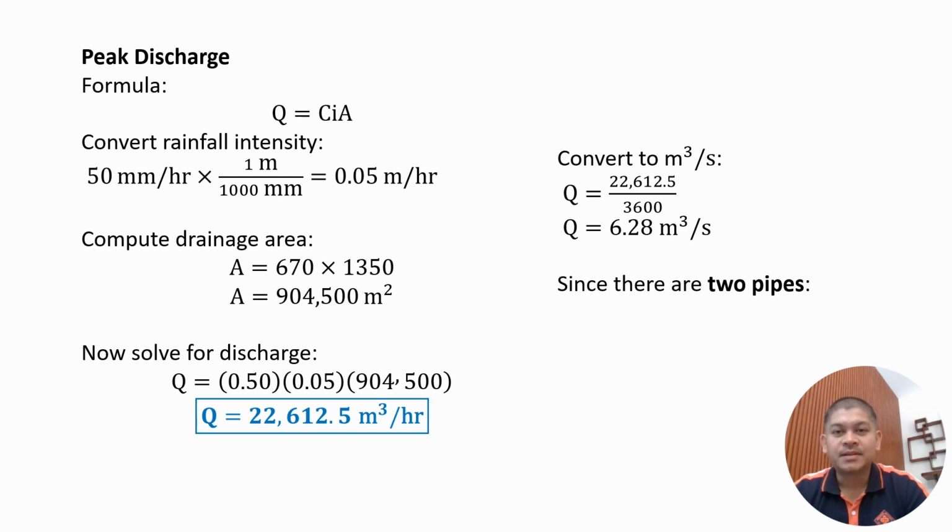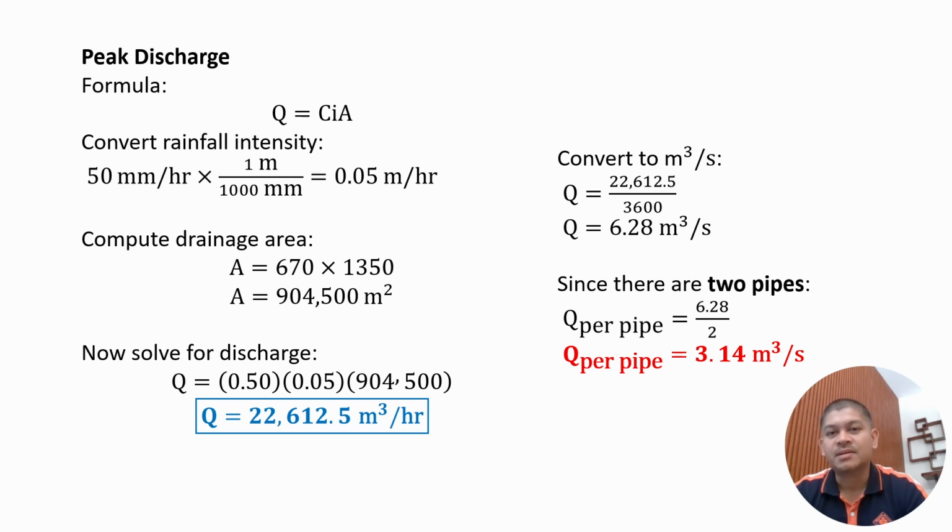For calculating the total discharge, we divide the value between the two concrete pipes since both pipes will carry the runoff water together. So we have 6.28 cubic meters per second divided by 2. The result is the discharge per pipe is 3.14 cubic meters per second.